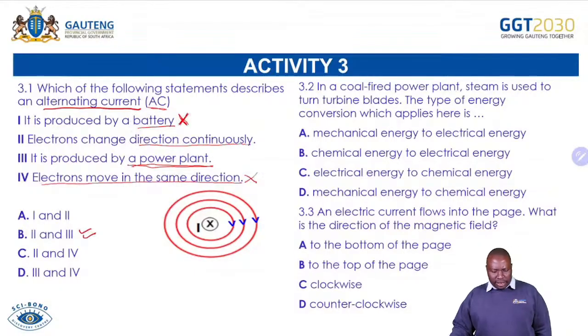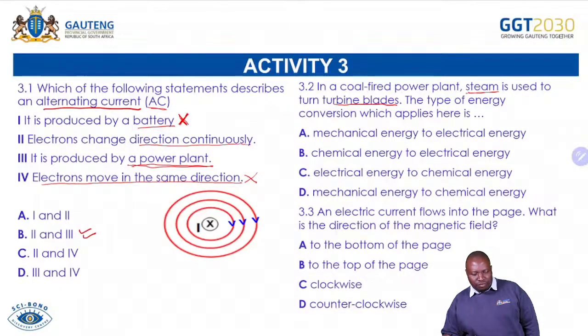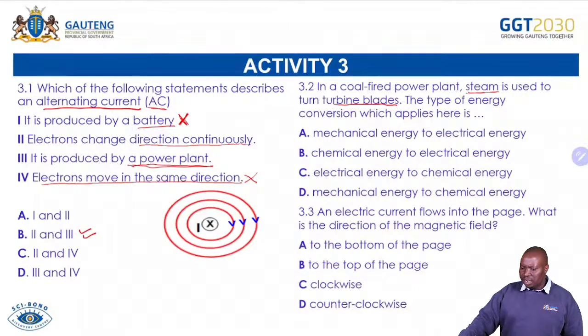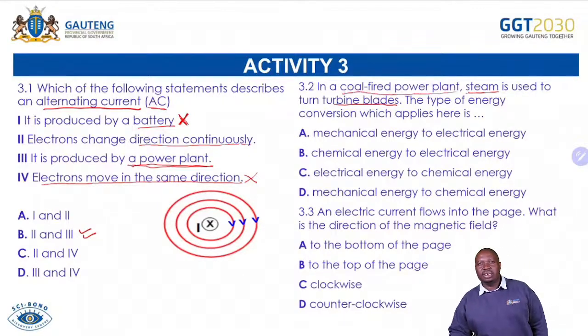And then we are saying now, in a coal-fired plant, steam is used to turn the turbine blades. Now they are using steam to turn the turbine blades, and then we are asked for the type of energy conversion which applies here. Remember, in a power plant, we're generating electricity.